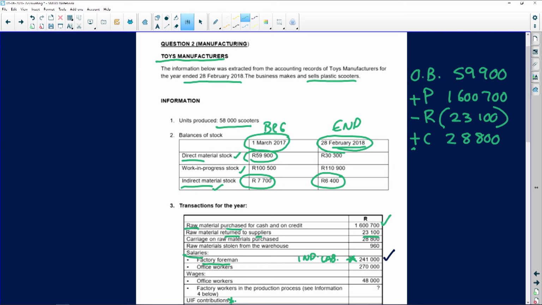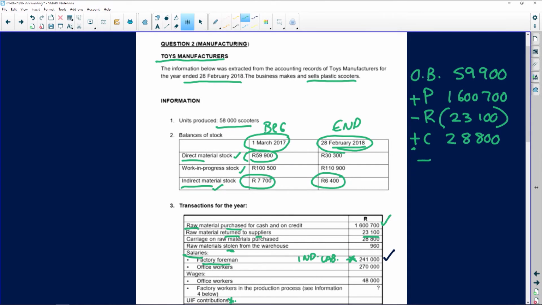Then I've got more information. So they're telling me raw materials stolen from the warehouse. Okay, so remember, if there's any loss of raw materials in the form of theft, in the form of fire, in the form of simply damage of raw materials, that will decrease the value of your raw materials. It's gone, right? It's been stolen. It's not there anymore. So obviously, I'm going to subtract what was stolen, an amount of 960.